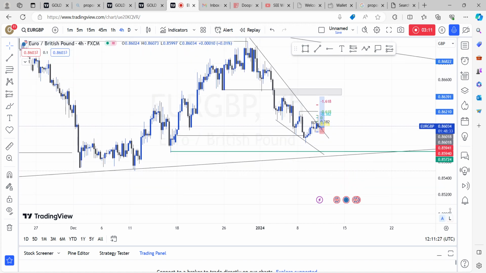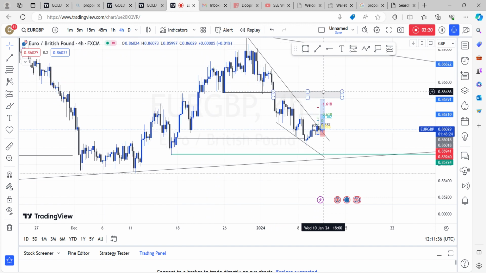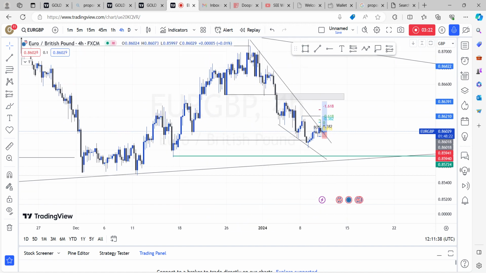Look at this. We've been having a series of higher highs and higher lows in the past, until we have this swing high before the price came back to the downside to take out this previous low and make a series of lower lows and lower highs.